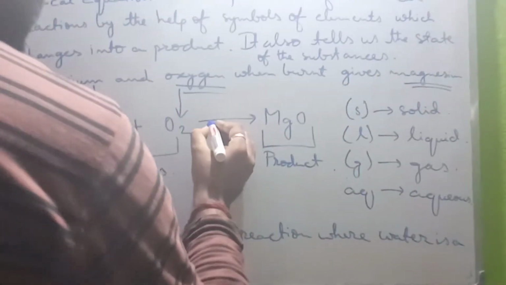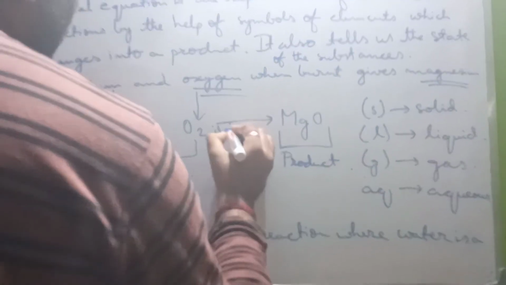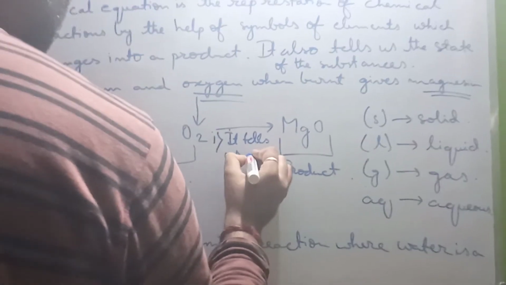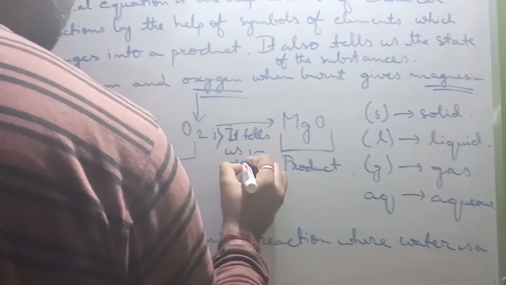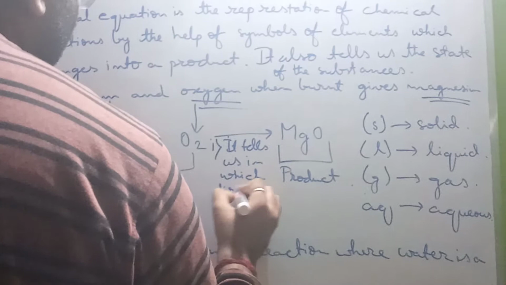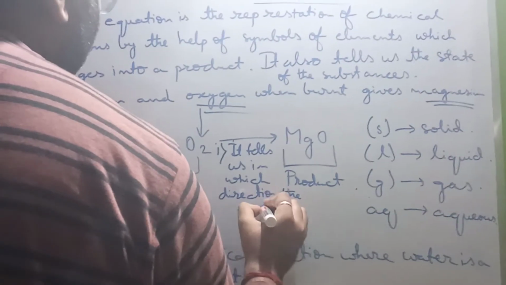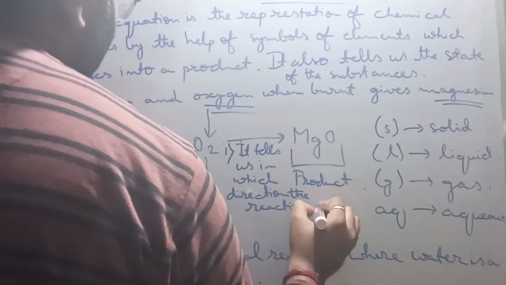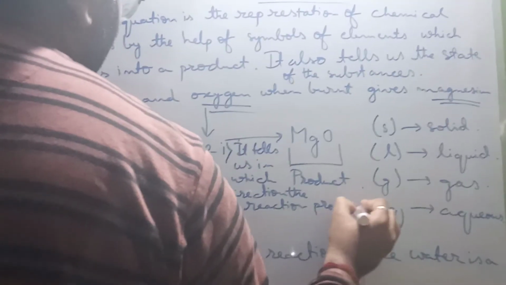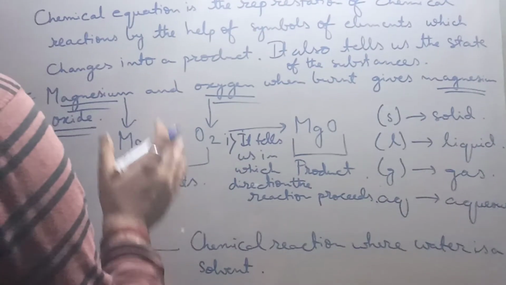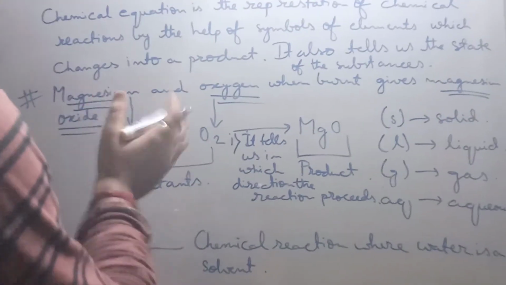What is the significance of this arrow? Number one, it tells us in which direction the reaction proceeds. Like Mg plus O2, always remember there can be one, two or more reactants.